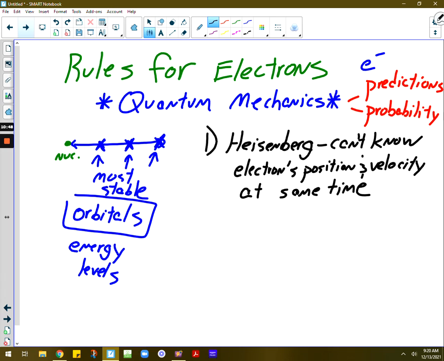If we know where an electron is at a moment in time, we can't know where it's going. If we have an idea of what direction it's going and how fast, we can't know where it is. Which is part of the whole thing about it being about probability.